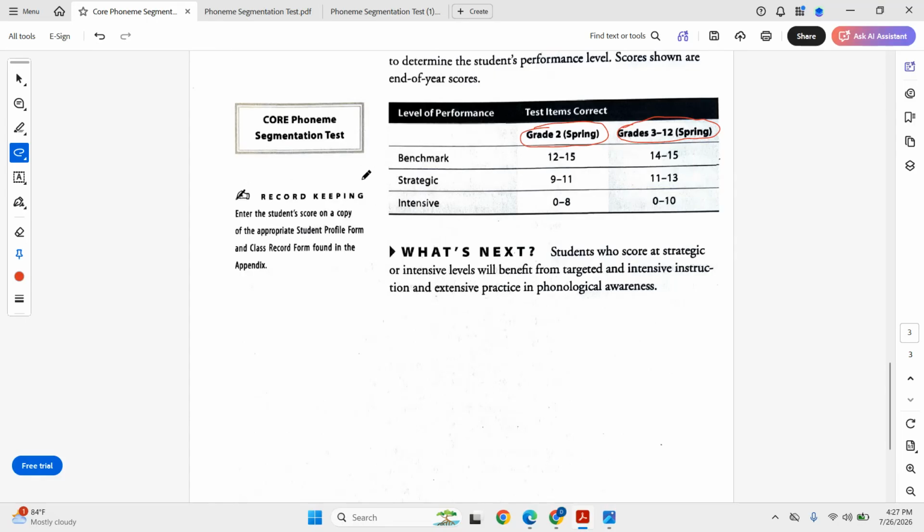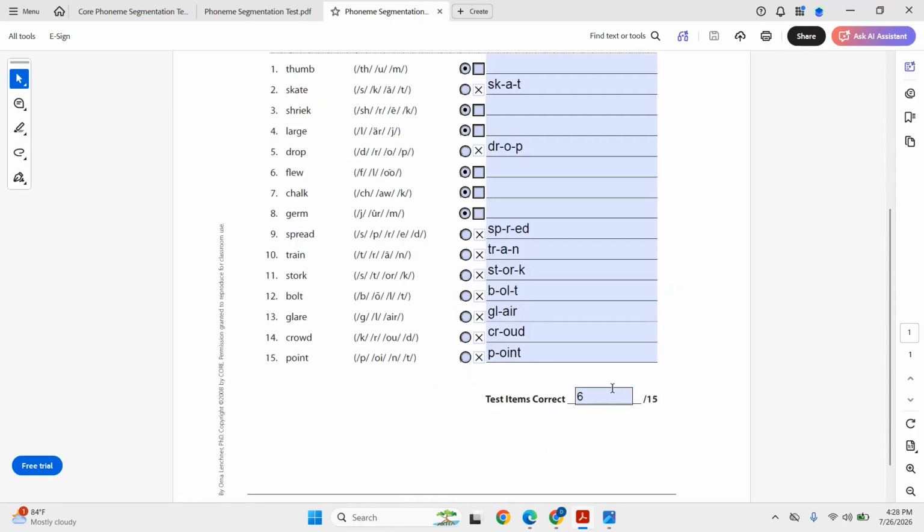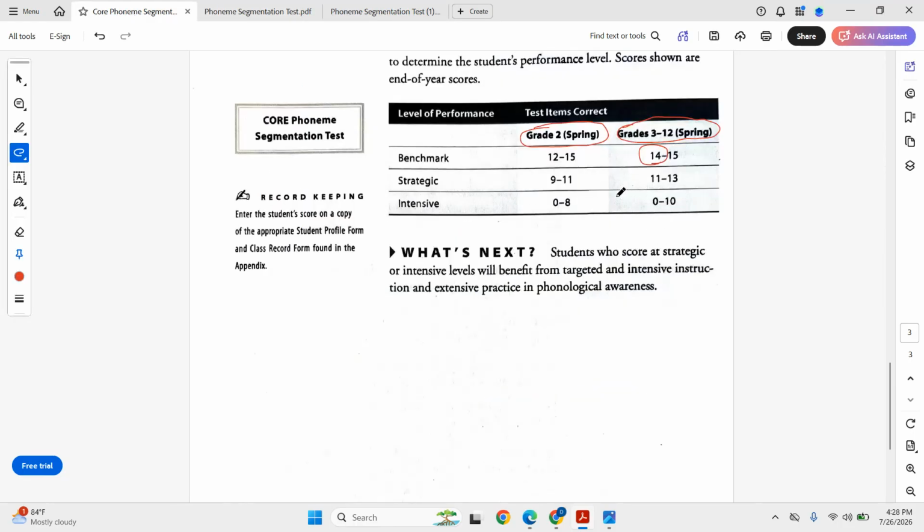Therefore, for our student Kaden to be at the benchmark level of performance, he's expected to get at least 14 items correct out of the 15. Let's check if Kaden is at the benchmark. He got 6 items correct, therefore he is not at the benchmark level.